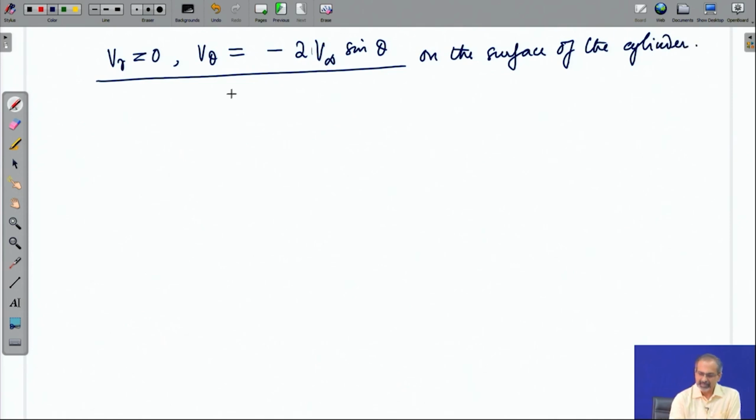That means, anywhere on the surface of the cylinder, the radius of the surface of the cylinder being given by the expression that we already wrote in the previous slide.